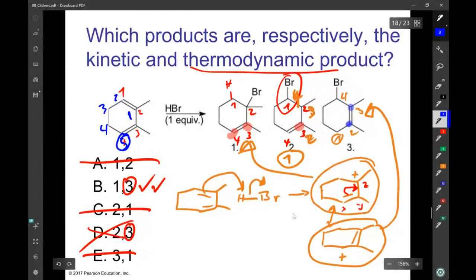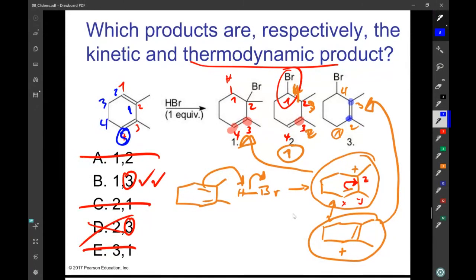Okay, so that is all I want you guys to know about the kinetic versus thermodynamic product. Now we are moving on to a different type of reaction that conjugated systems can do. Does the Br proximity to the double bond affect the thermodynamics?